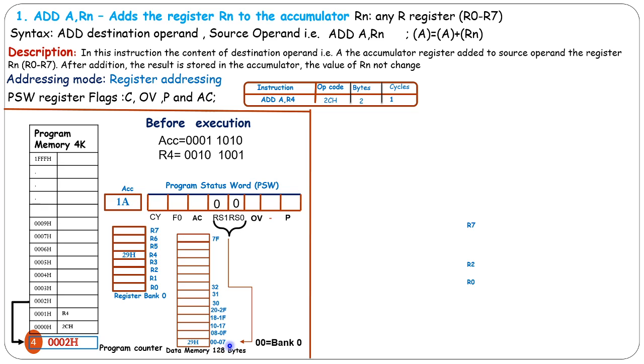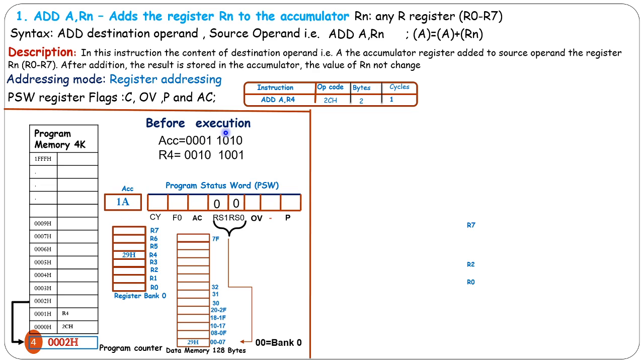These 8 registers belong to bank 0, R0 to R7. Among them, we use R4. What is the content of R4? 29H. This 29H plus the content of the accumulator are added, and the result will be stored in the accumulator.